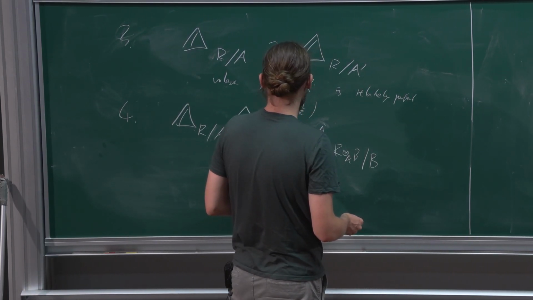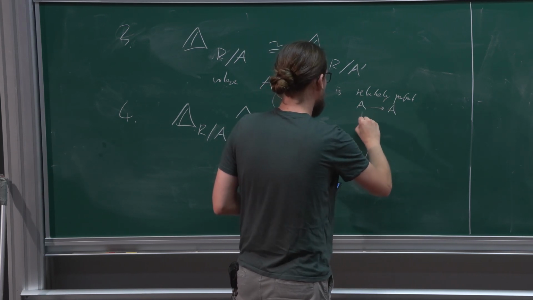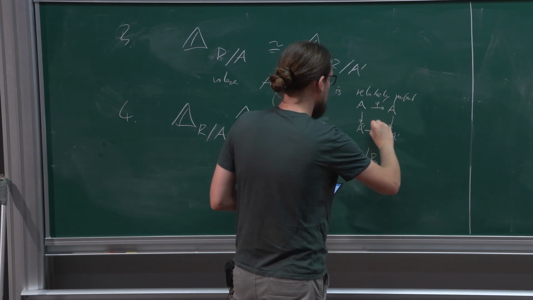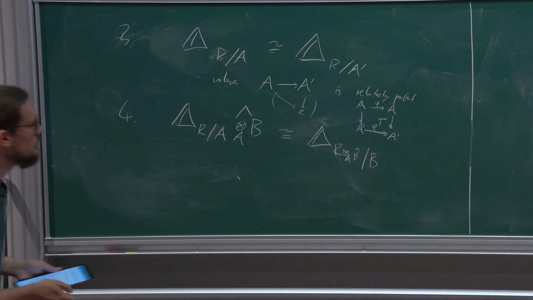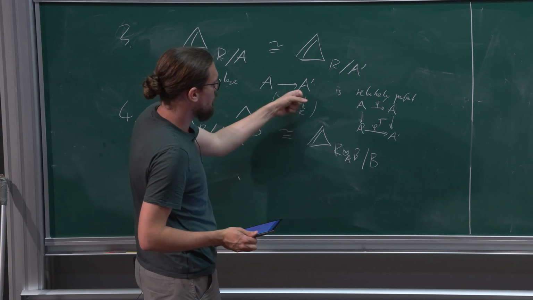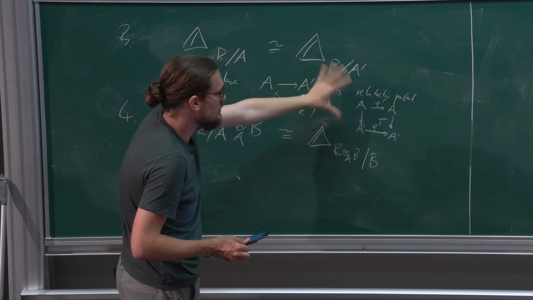It's the easiest way of saying that. The square where you have the Frobenius maps is a push out. So in other words, the relative Frobenius map from the thing, yeah, this is a push out.